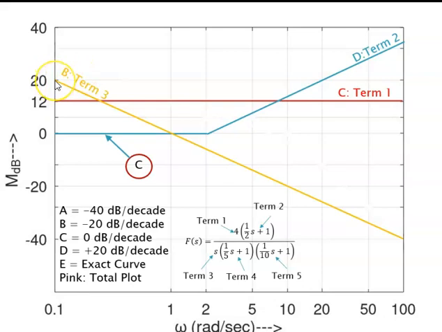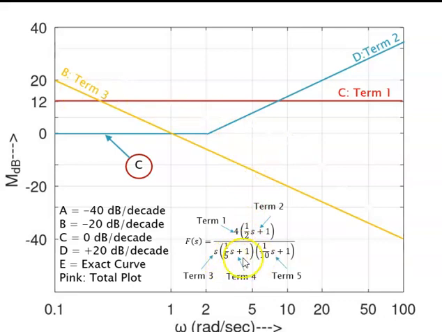It starts at 20 decibels and goes down with a negative slope, minus 20 decibels per decade. That is for term 3. B is the slope, which is minus 20 decibels per decade. You need to be very careful as to how you obtain this 20. If you just write it down, you will very clearly see.